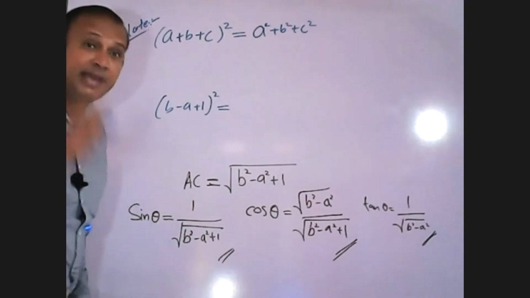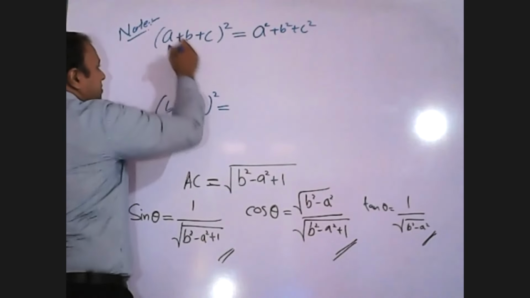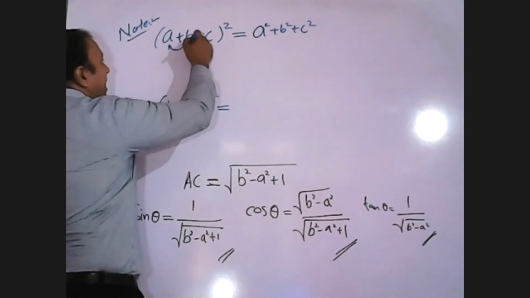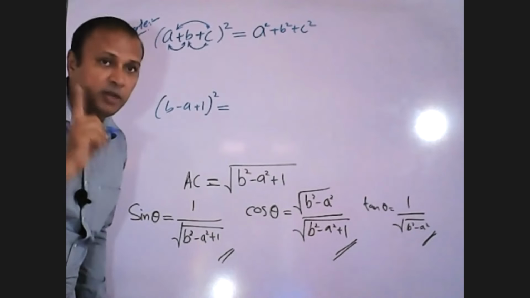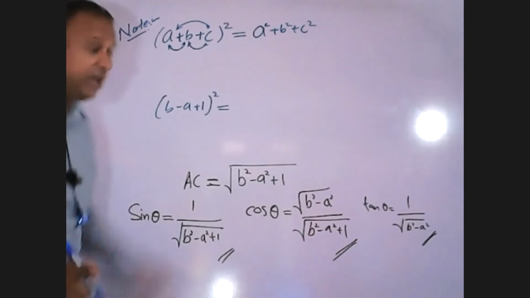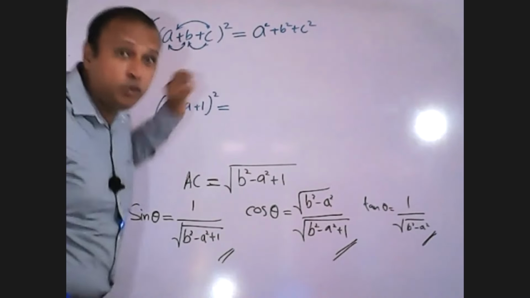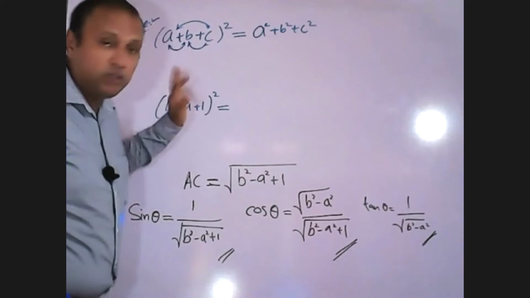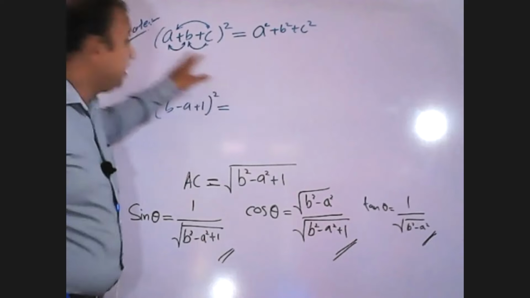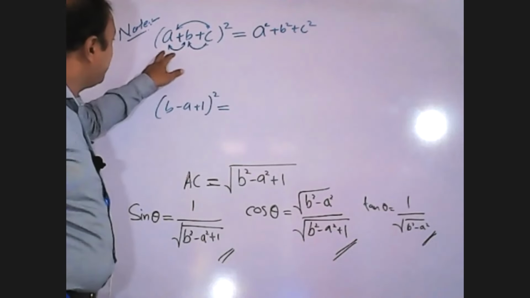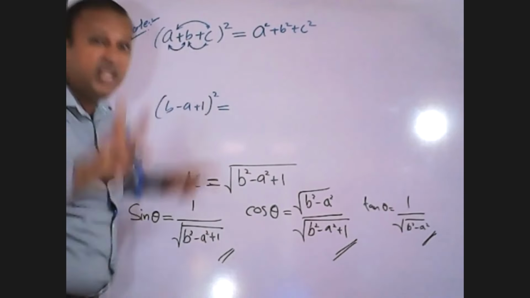But there are three terms, so you have to take three multiplications instead of one. Previously there were only two terms, therefore we did one multiplication only. But here, I have to multiply these two separately, and these two separately, so three multiplications.